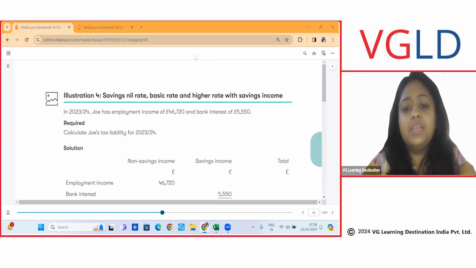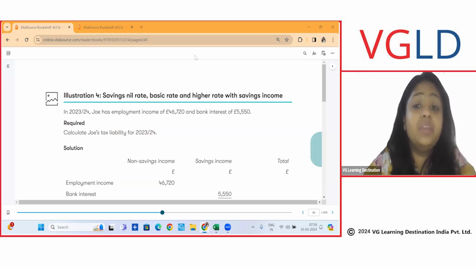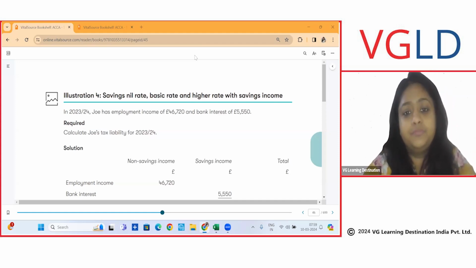For the basic rate category taxpayer, the savings nil rate band is 1,000. For the higher rate category taxpayer, it is 500. And for the additional rate category taxpayer, it is 0. Come on, everyone. Do it quickly.